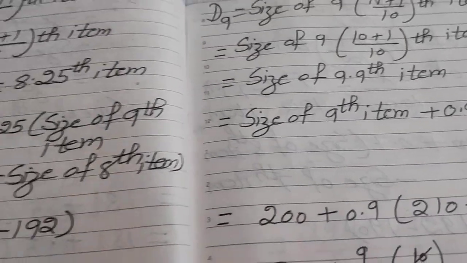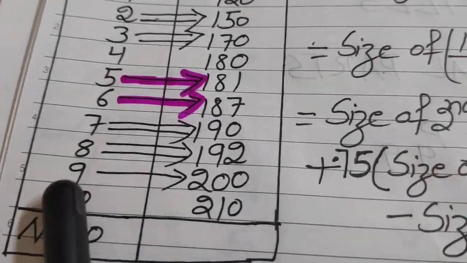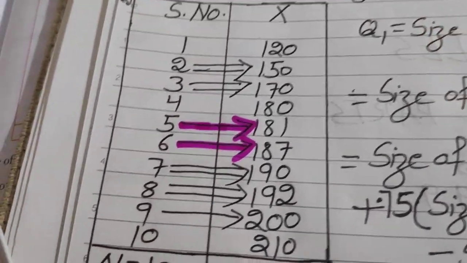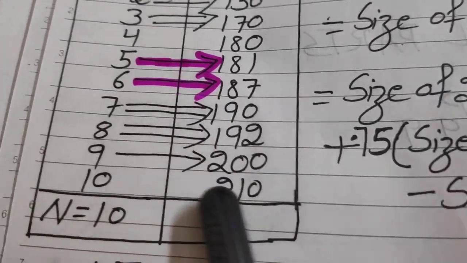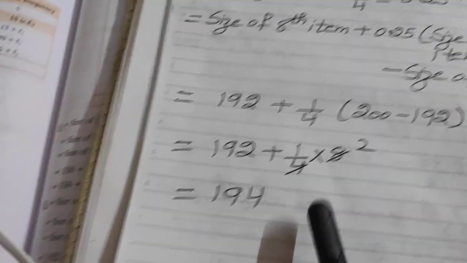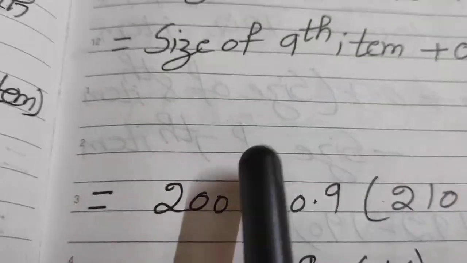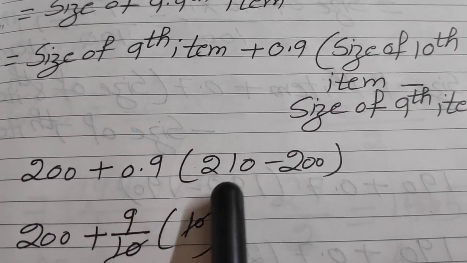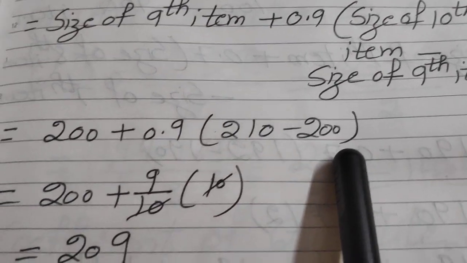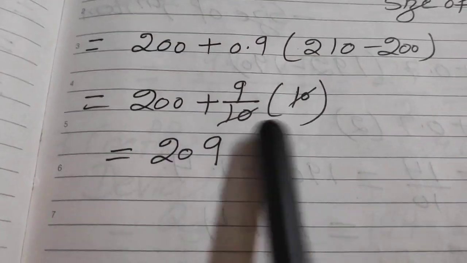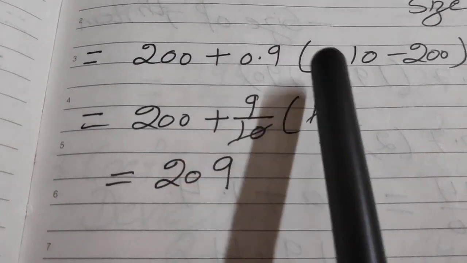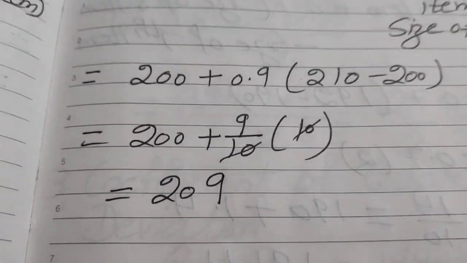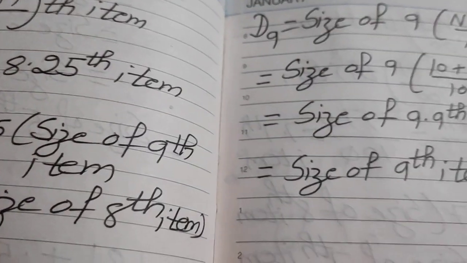Size of 9th item is 200 and size of 10th item is 210. Now put the value here, size of 9th is 200 plus 0.9 into size of 10th is 210 minus 200. Now by calculating 200 plus, this is 9 by 10 into 10, answer comes to be 209. This is answer of D9.